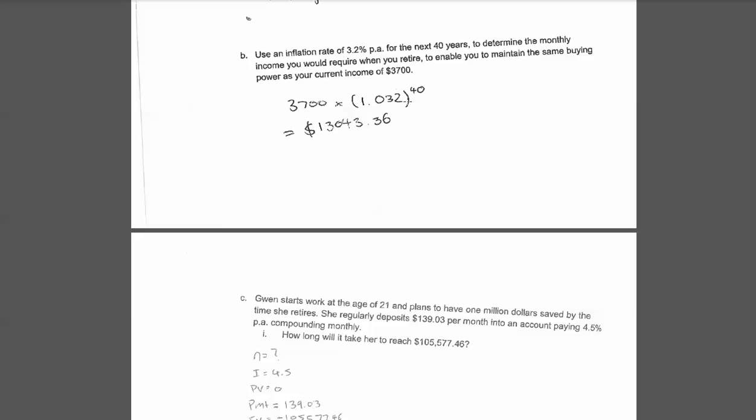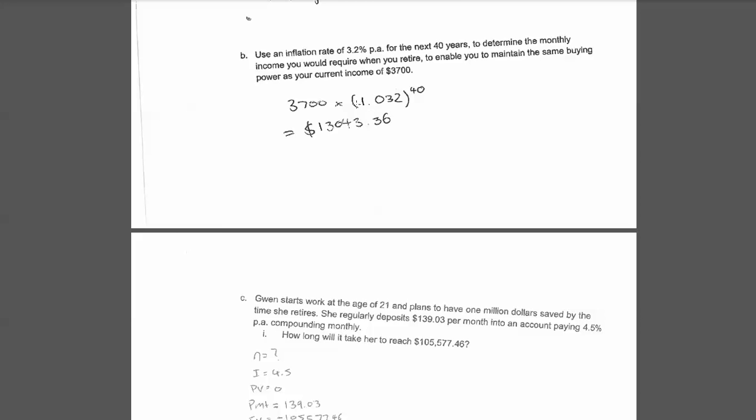Next one, inflation of 3.2% for the next 40 years. Determine what the value of that 3,700 will be worth in 40 years' time. So this is just the formula here. You've got your 3,700 multiplied by, now we're using 3.2%, however you need to put it into a decimal. So you need to get rid of the percentage by dividing it by 100.